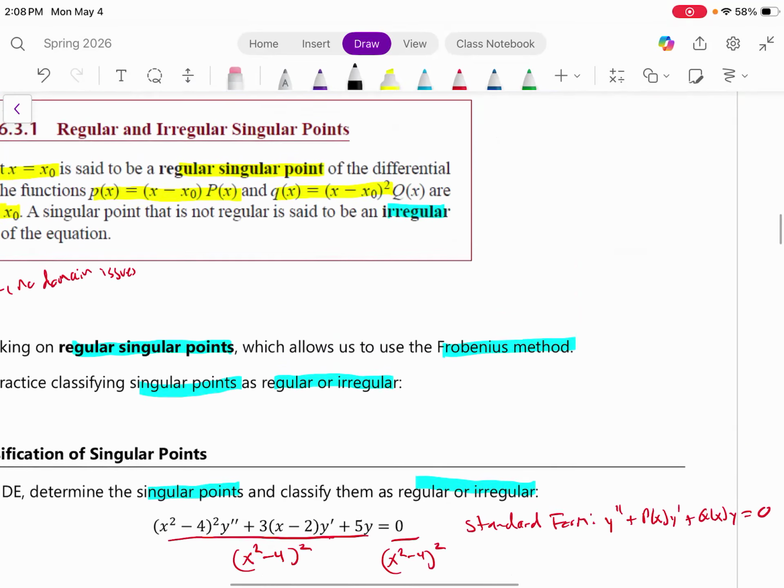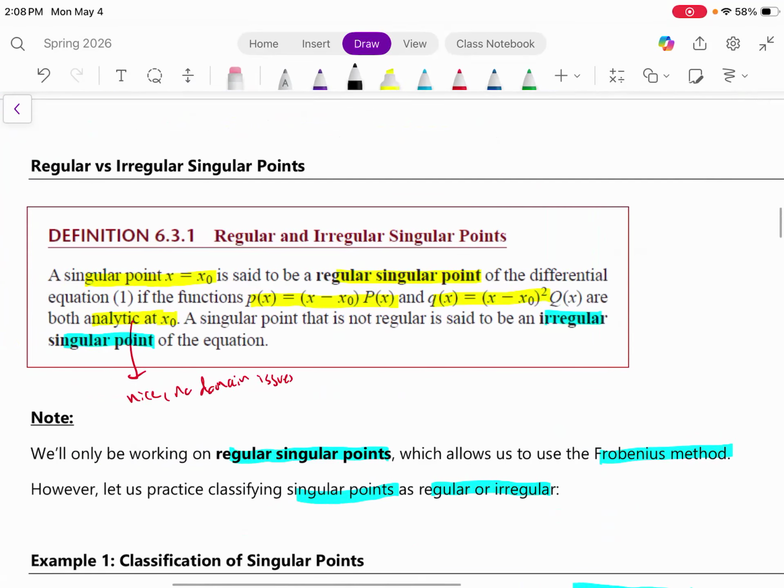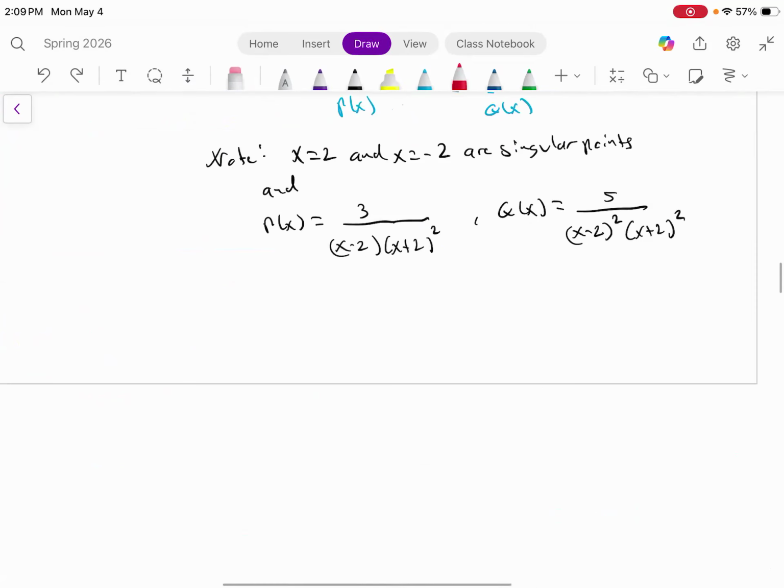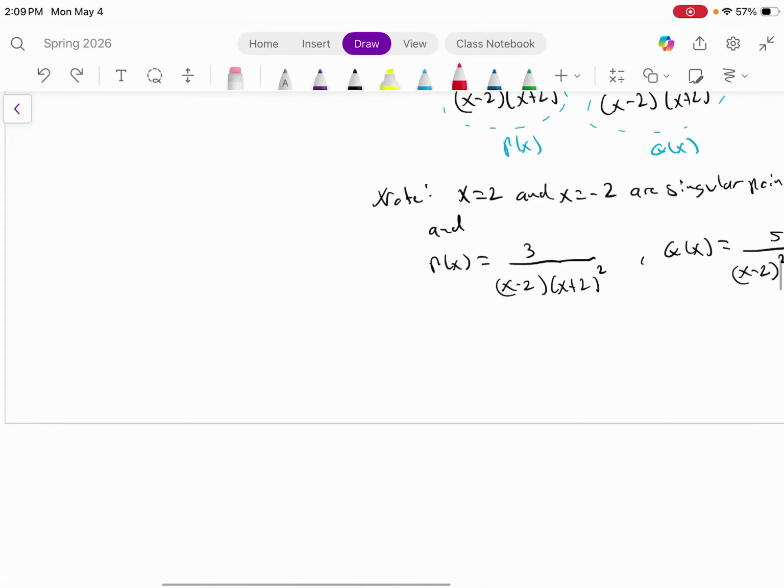Okay, and the way to do that is to see if little p of x and little q of x are both analytic at those singular points, meaning there's no domain issues whatsoever. So let's go ahead and try that out.